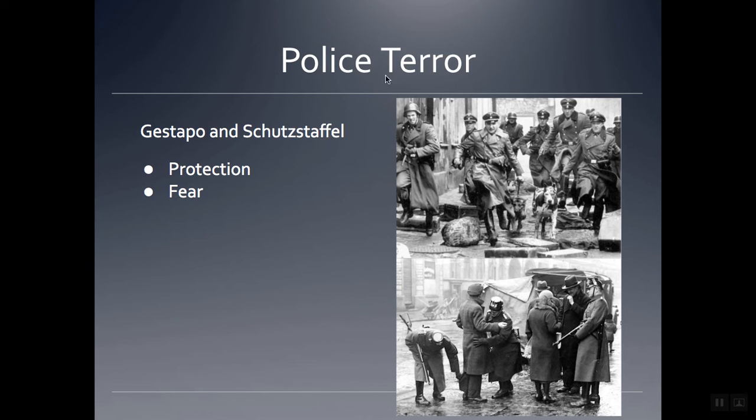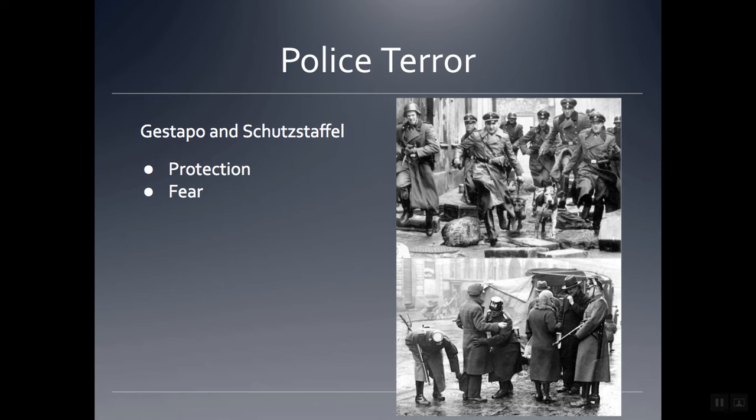So Hitler used his police terror. The police terror is so essential because of this element of fear. Guys, the fact that his police were able to instill fear both made people fall into line, but also discouraged anybody from trying to resist, because of the fear that you would be subject to capture or death or whatever might have happened if you didn't fall in line with what Hitler did.